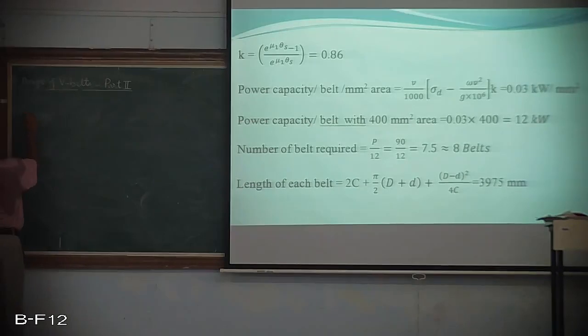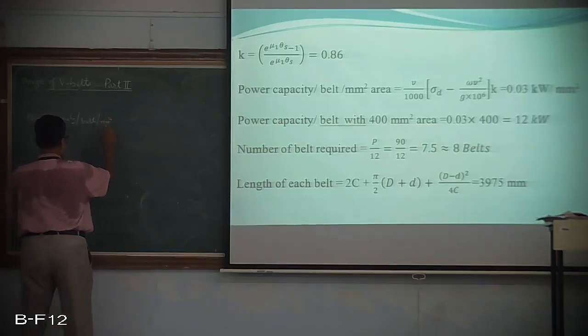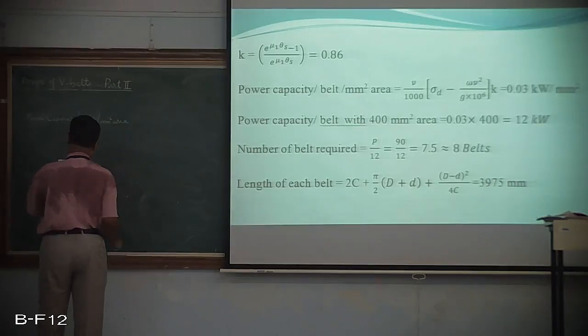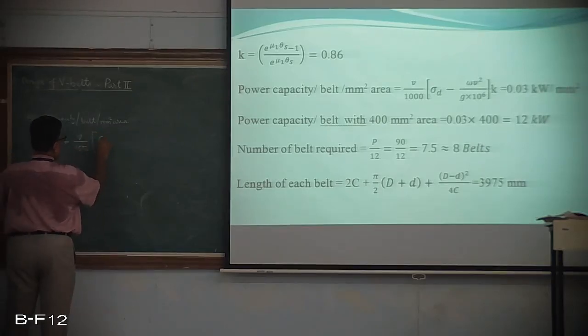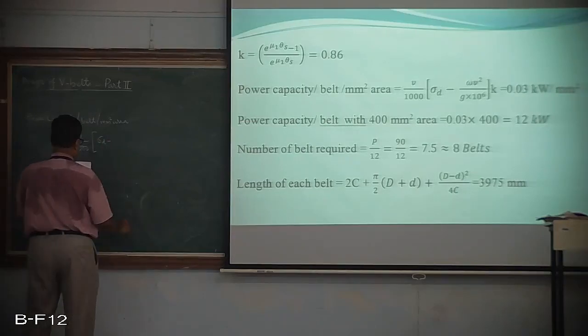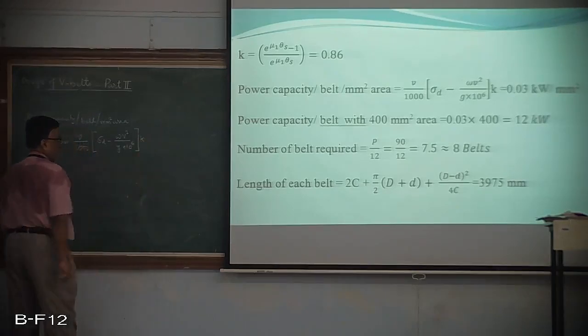Now let us find out the power capacity per belt per millimeter square area. I want to find out this. This is given by V upon 1000 into the bracket sigma D minus W V square upon G into 10 raised to 6, into this of course K has to be multiplied.